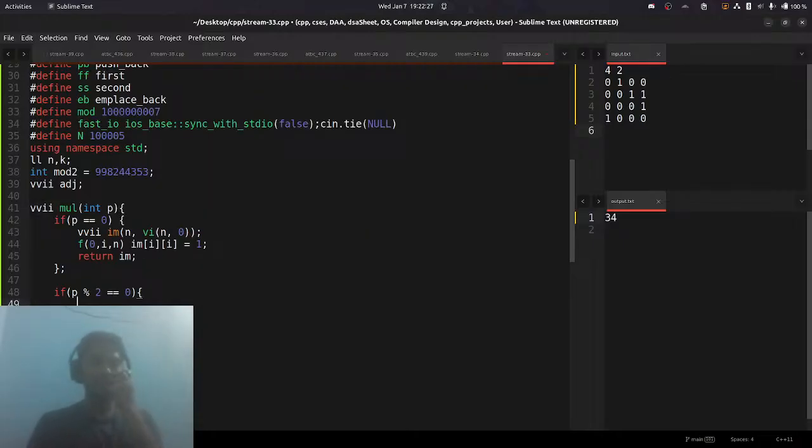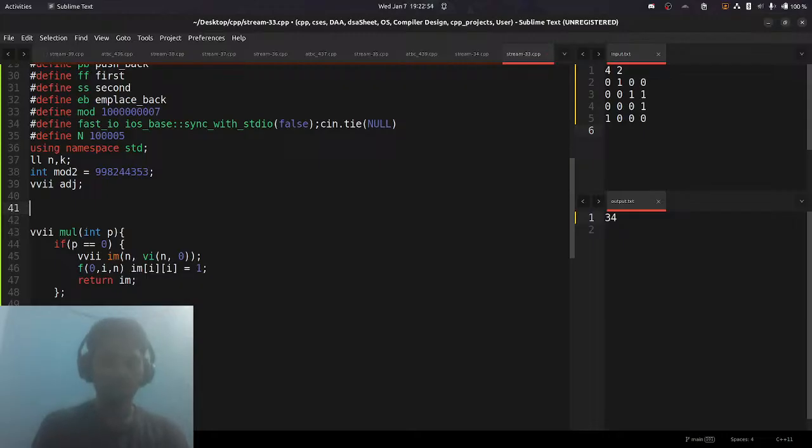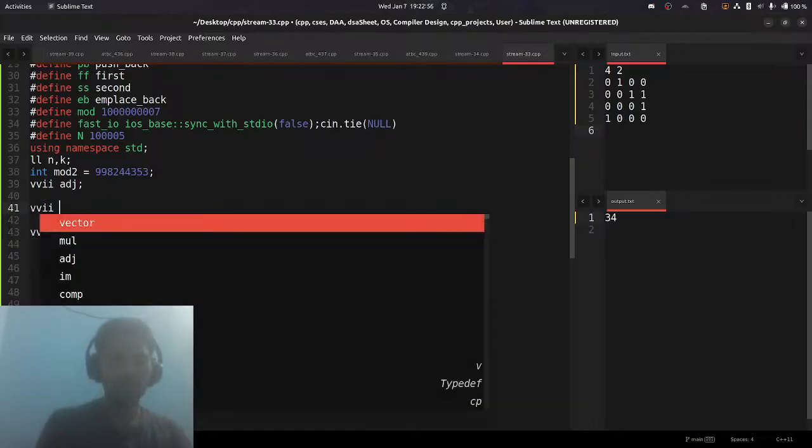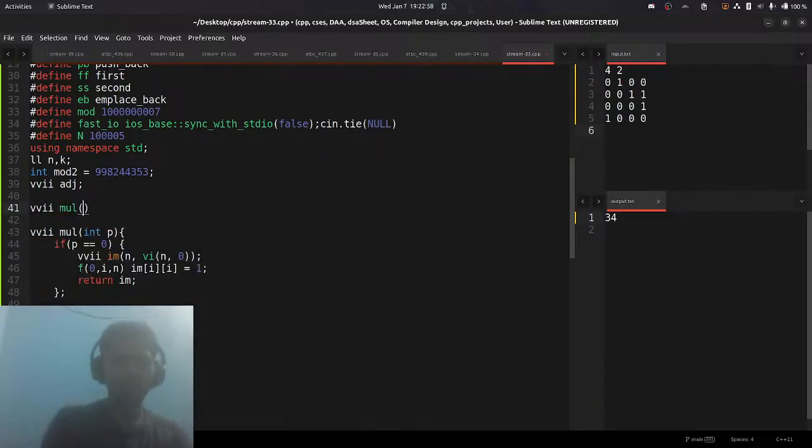So if P is even, in that case we need to return... okay, this is not how we need matrix multiplication.